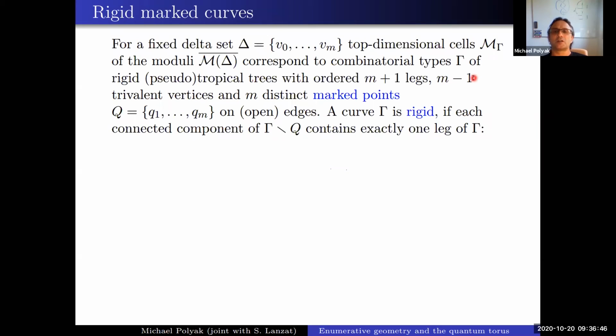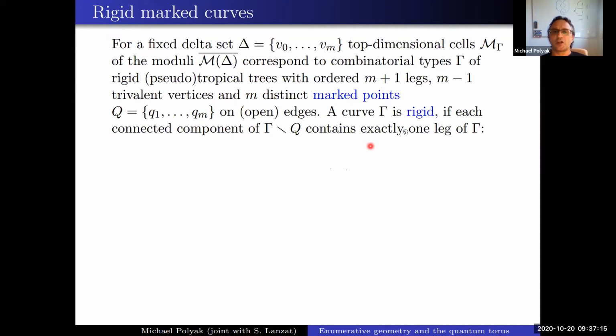But in addition to that, we also fix marked points, exactly m marked points. They should all be distinct, and they should also be distinct from the vertices. So they're only on these open edges. Okay? So it's a tree with m+1 legs and m distinct marked points.